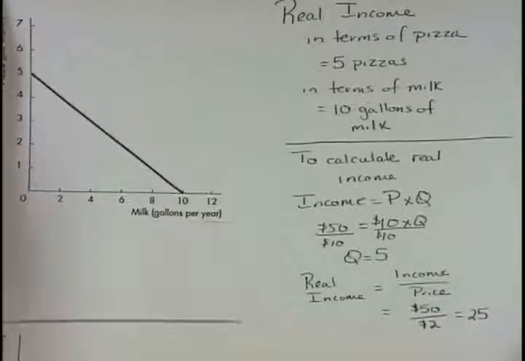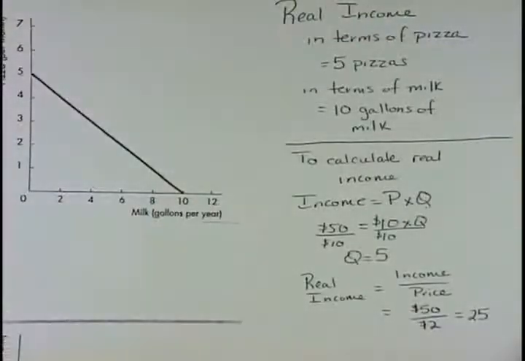Wouldn't that be nice if milk actually cost $2? But anyway, you get the idea. So real income is equal to our income divided by the price. That's going to tell us how much of a particular good that we can buy if given that income. Okay, and that's our real income.